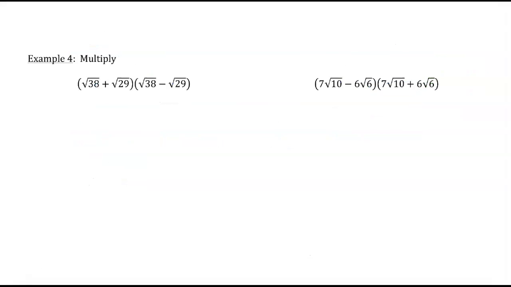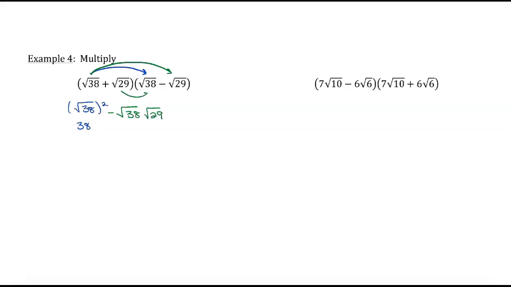In example 4, let's begin by distributing like we did in example 3. Notice that we have the square root of 38 plus the square root of 29 times the square root of 38 minus the square root of 29. So we first have root 38 times itself, and we could write this as root 38 squared, or simply 38. Next, we have root 38 times negative root 29.